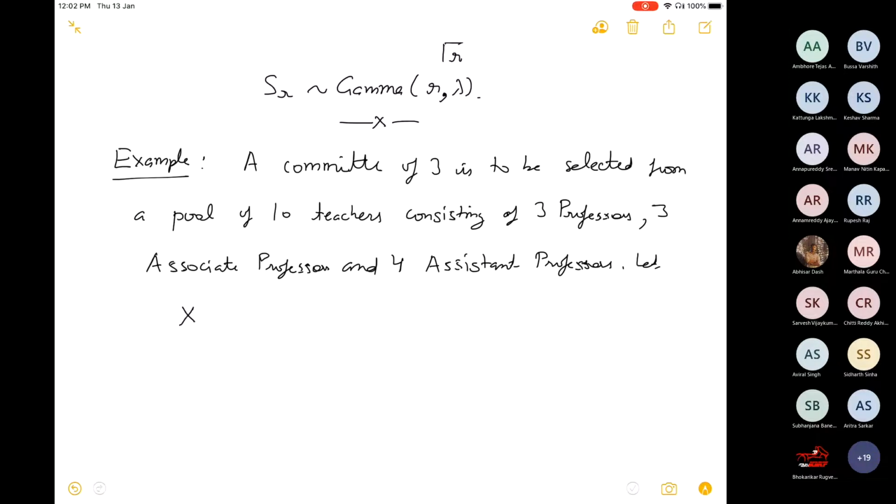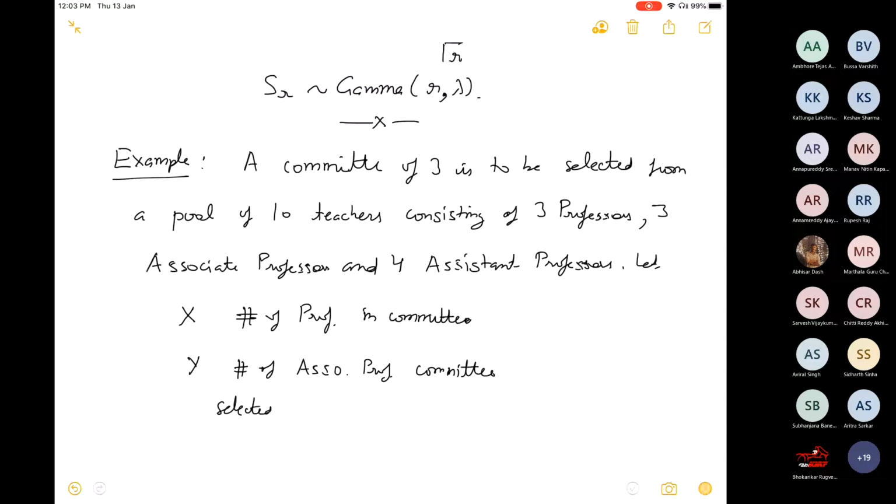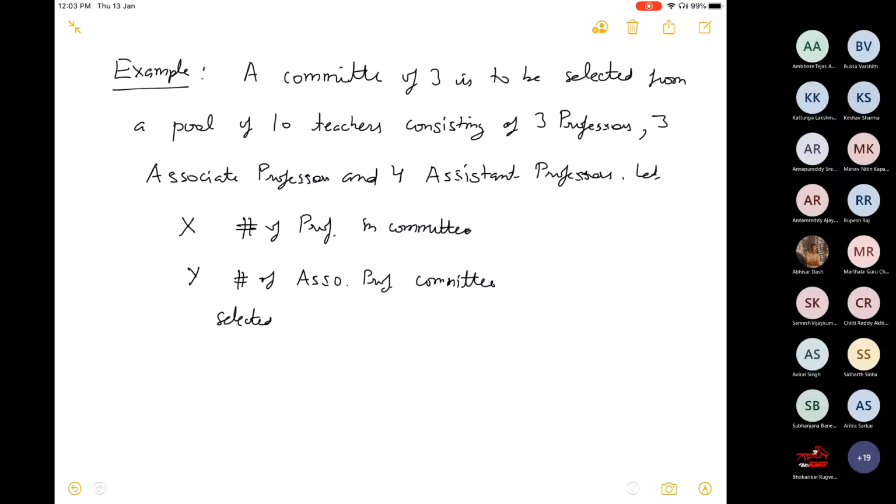Let random variable x denote the number of professors in the committee, and y denote the number of associate professors in the committee. So x can take values 0, 1, 2, 3, because a maximum of 3 can be selected.